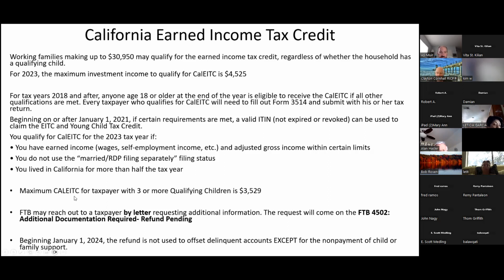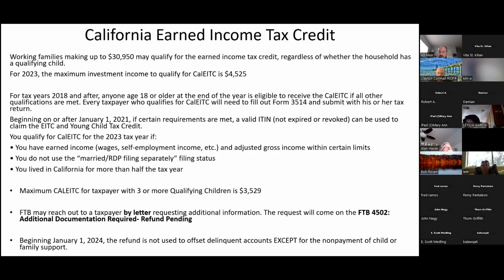And then the maximum EITC is for taxpayers who meet the requirements regarding adjusted gross income, earned income, and they've got 3 or more qualifying children. So this is the California EITC, a little over $3,500. And for the federal side of the house, I think it's a little bit more than $6,600.